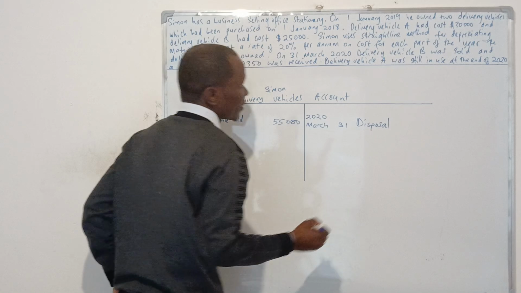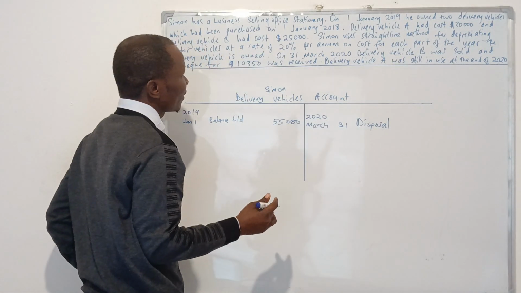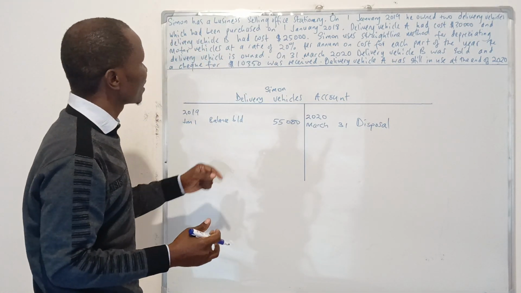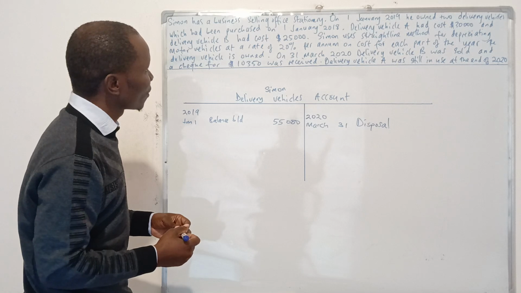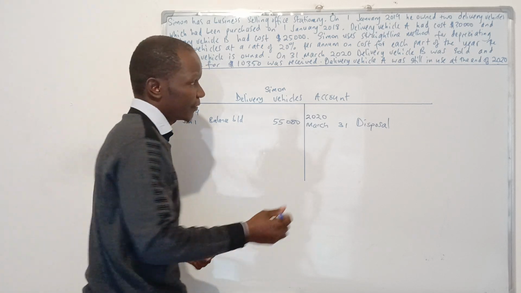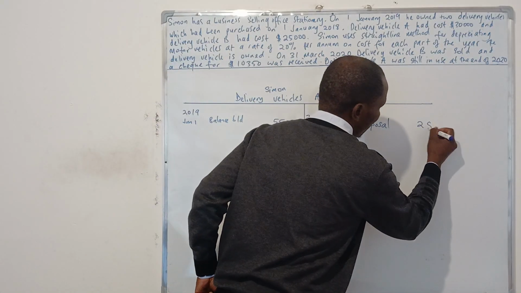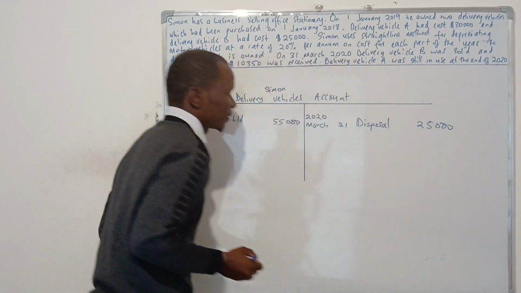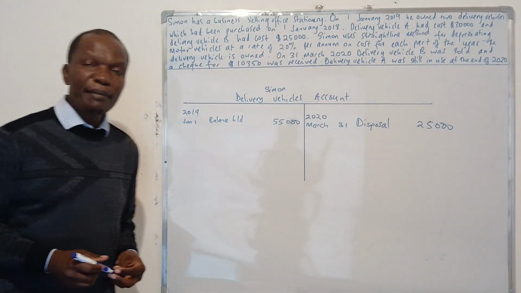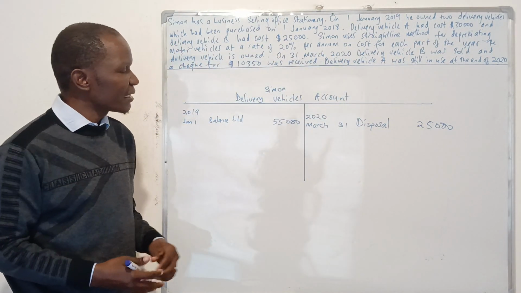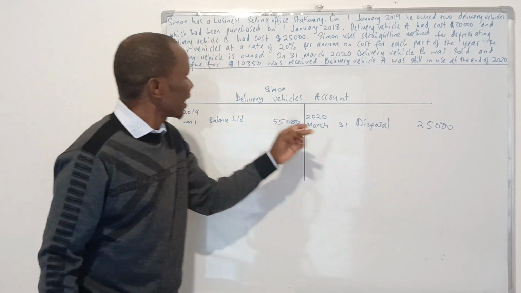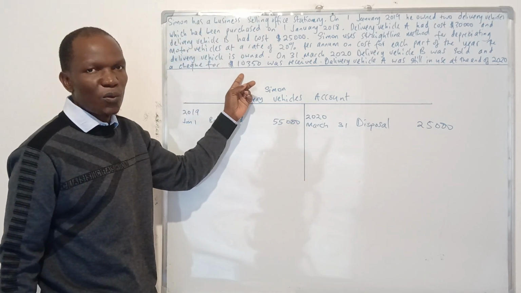So we disposed of it. How much was it in terms of its cost? It cost us 25,000. So we put the 25,000 here. One mistake that many students make is the mistake of recording the disposal at the value that we received. No, we don't do that.